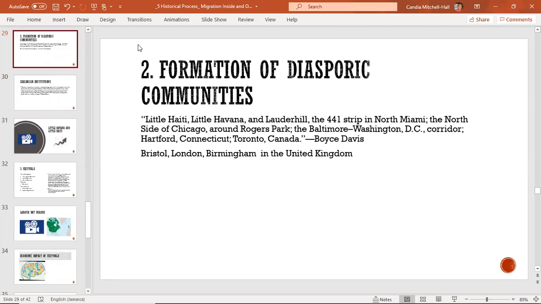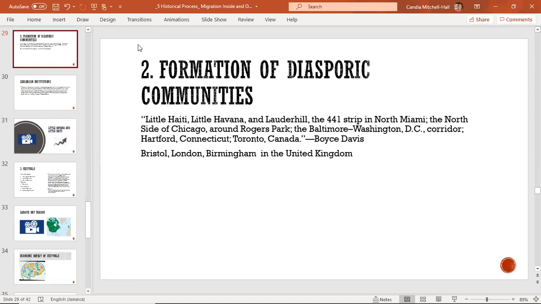Another impact that Caribbean peoples have on these territories is that we have formed communities, what we call diasporic communities. So we have communities, for example, in Bristol, London, Birmingham. Those are places in the UK. In North Miami, we have quite a lot of Caribbean settlement there.